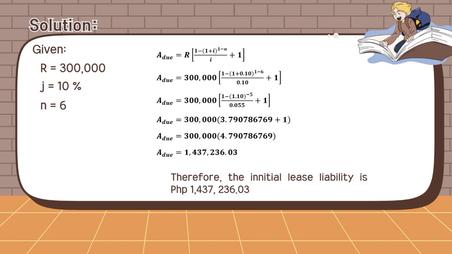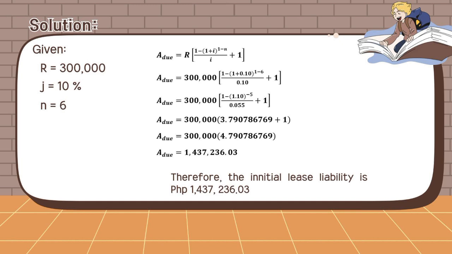And if we add 1, we get 300,000 pesos multiplied by 4.7907866769. And if we multiply it, we get A due is equal to 1,437,236 pesos and 3 centavos. Therefore, the initial lease liability is 1,437,236.3.